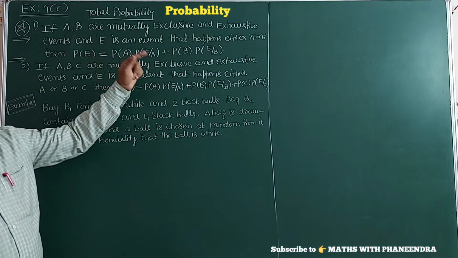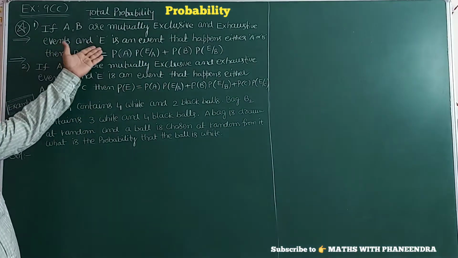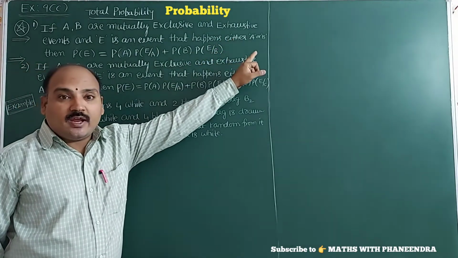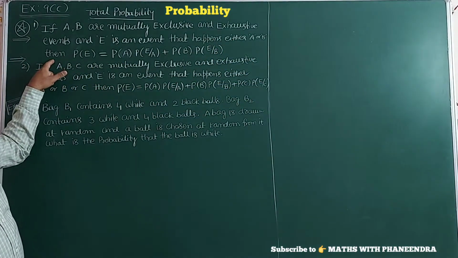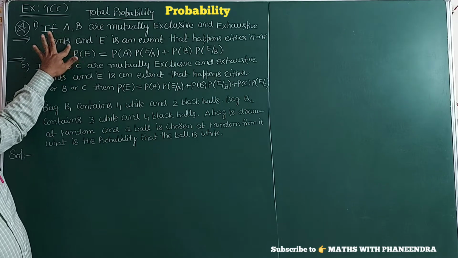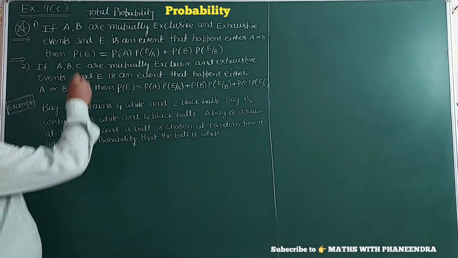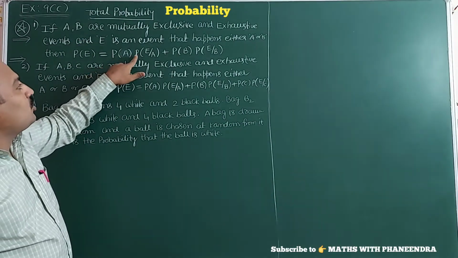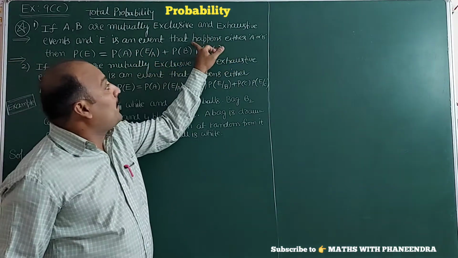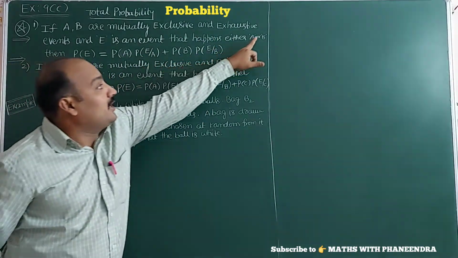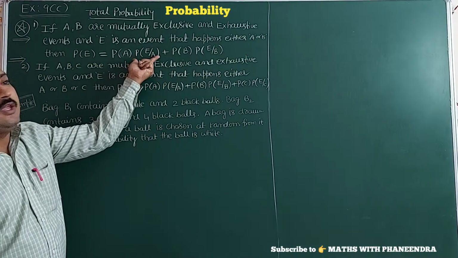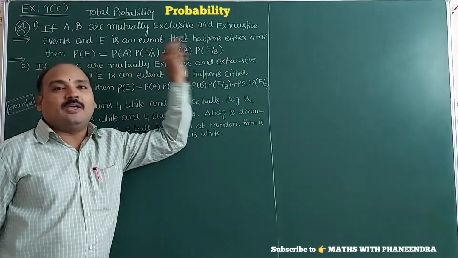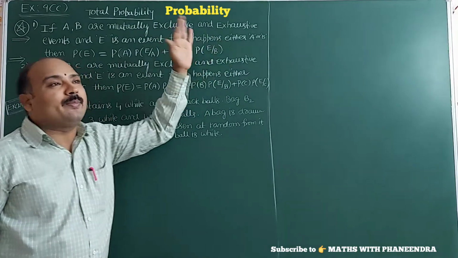A, B are mutually exclusive and exhaustive events, and E is an event that happens either A or B, then the probability of the event E is P of A into P of E given A, plus P of B into P of E given B. Either A happens or B happens.